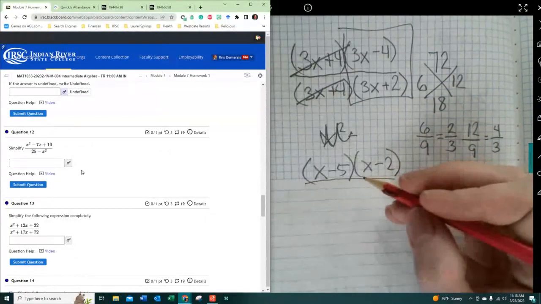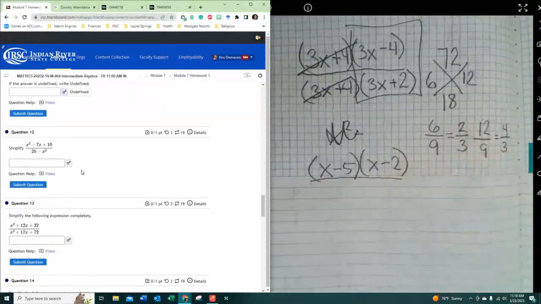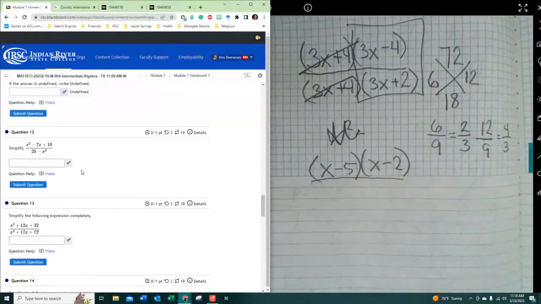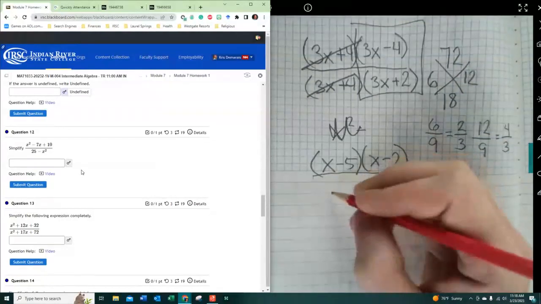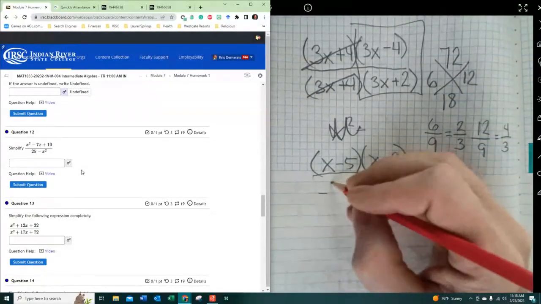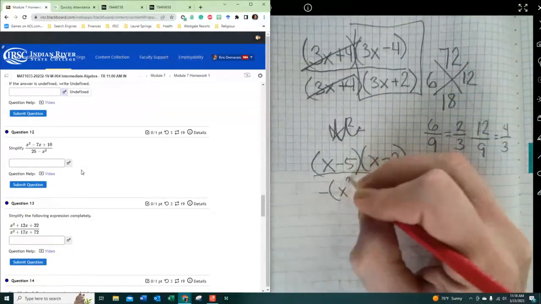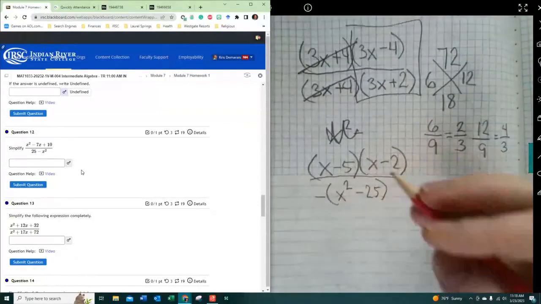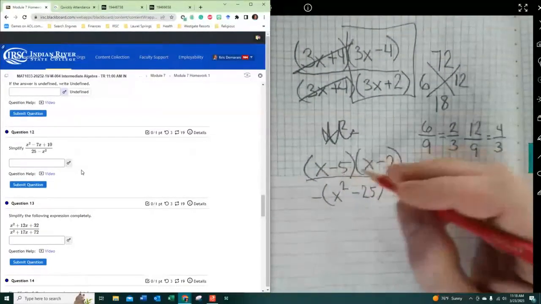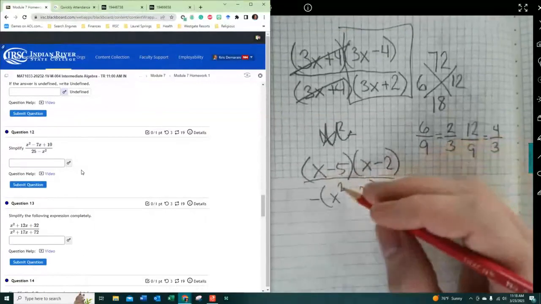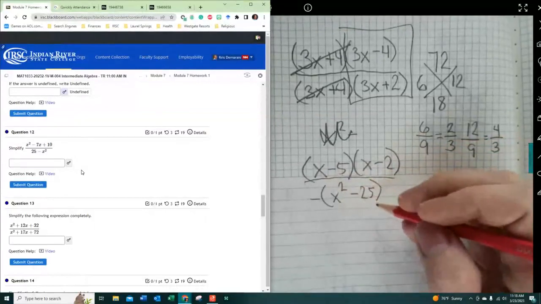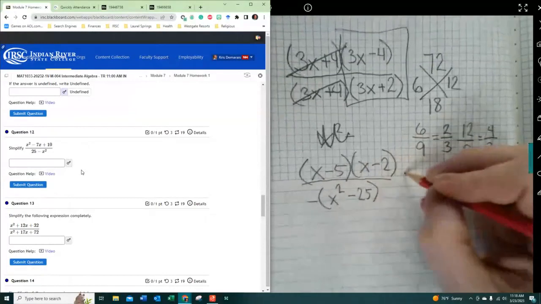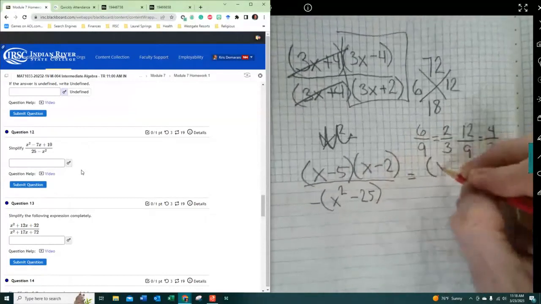Now I'm going to look at the denominator. Personally, I don't like that they have a negative for the leading coefficient of the x squared. So what I'll do is draw out the negative sign and make it become this. Now, this gives me a better feel because look at what the top is. It has the x first and everything else. So when I factor this, this is going to be my new form. Watch this.